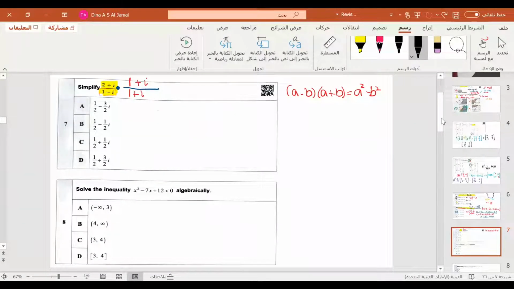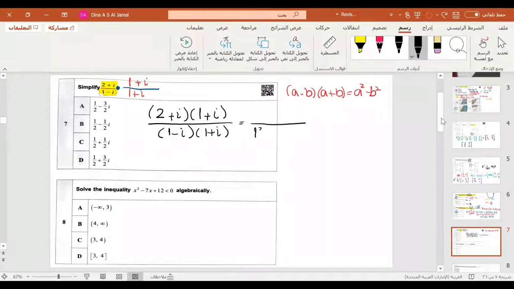So let's put it here: 2 plus I, 1 plus I over 1 minus I, 1 plus I. So down, you will directly have 1 squared minus I squared. And here you can use the FOIL method. After using FOIL, it will be 2 plus 2I plus I plus I squared.